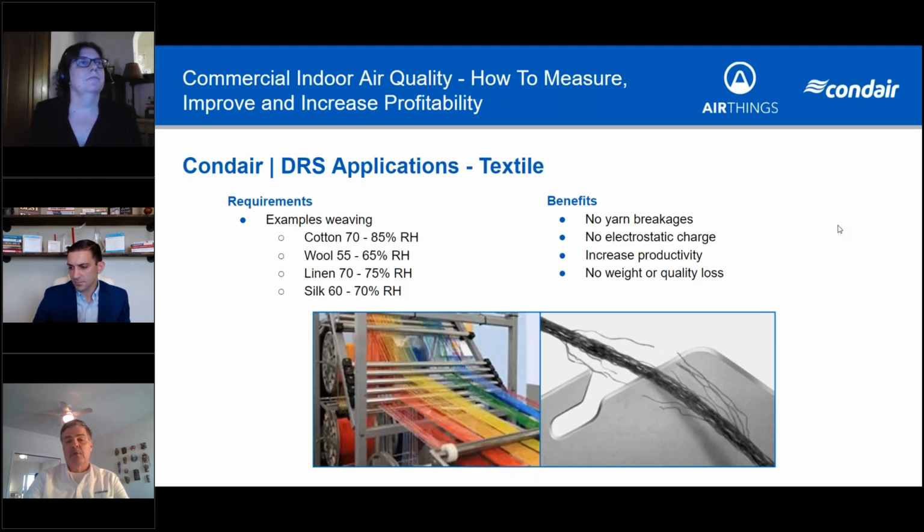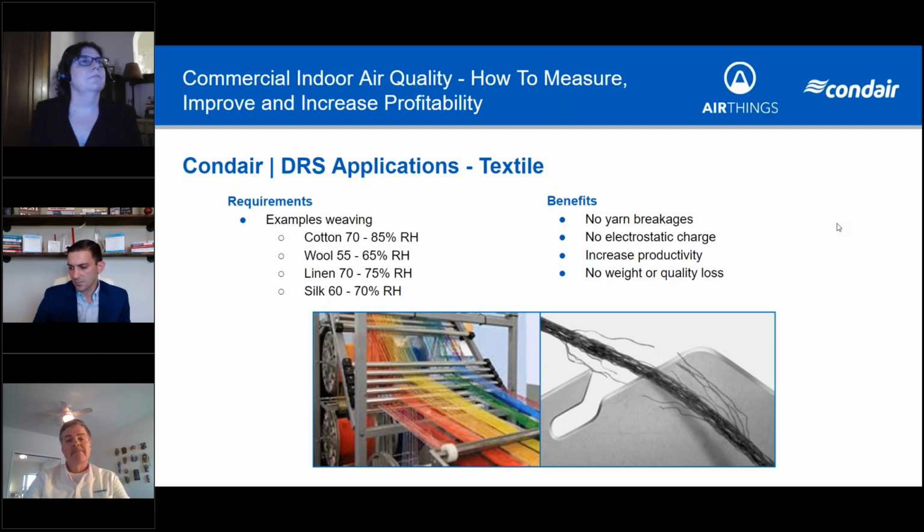And on textiles, just real quick on this one, you can see a very high humidity requirement for textiles. If it is out of range, you get a high ESD buildup, electrostatic discharge, which causes problems with machinery, or the material will break, which obviously causes shutdowns and additional repair and lost time.